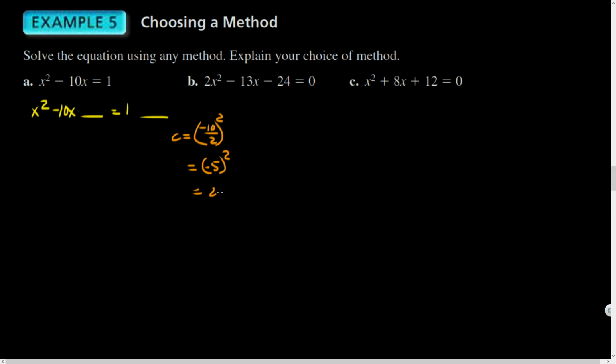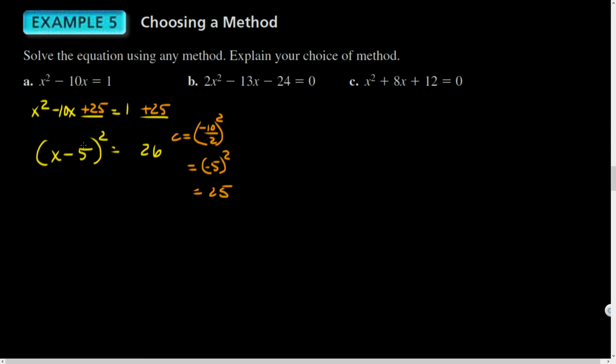And so 25 is the new c term, and I'm going to add 25 to both sides. I fast factor this, and that's going to be x minus 5 all squared. The way you get this minus 5 is just half of your b term. It's also the thing I had right here before I squared it. 1 plus 25 is 26.